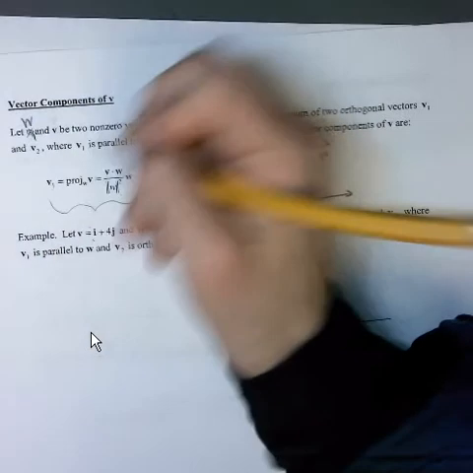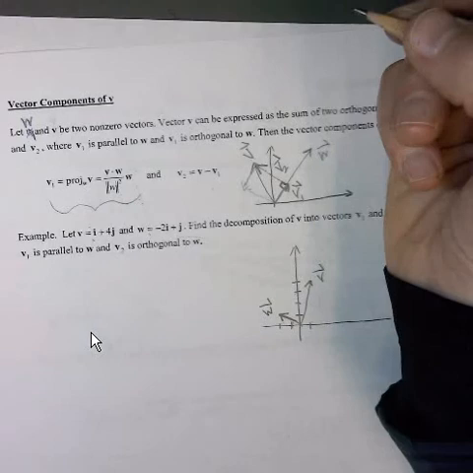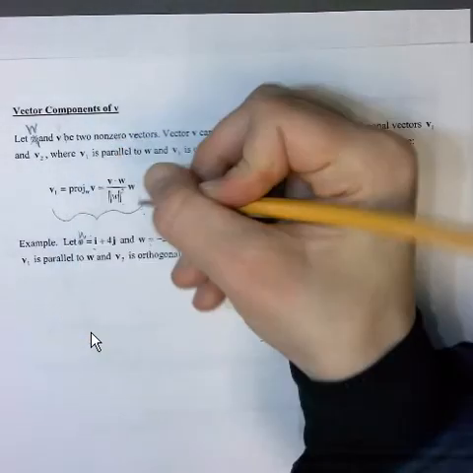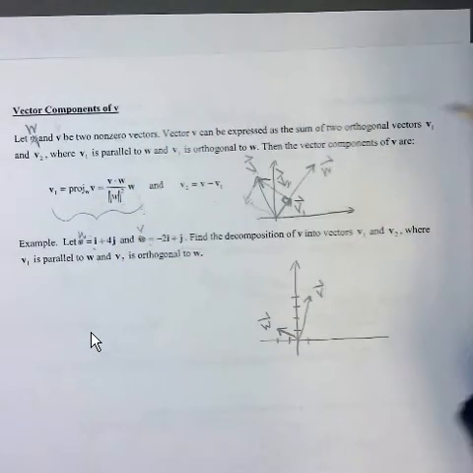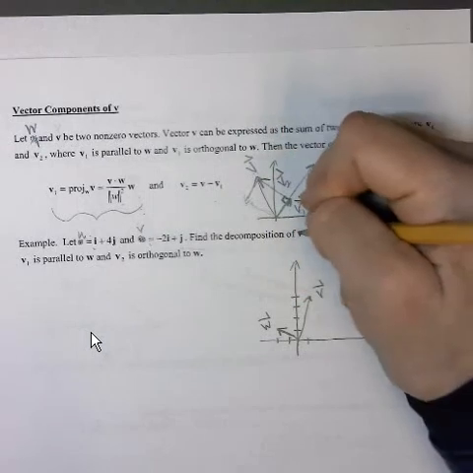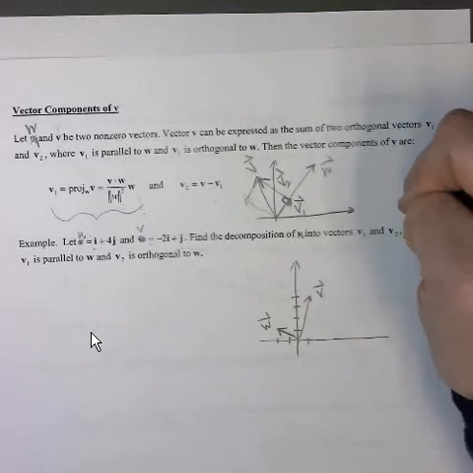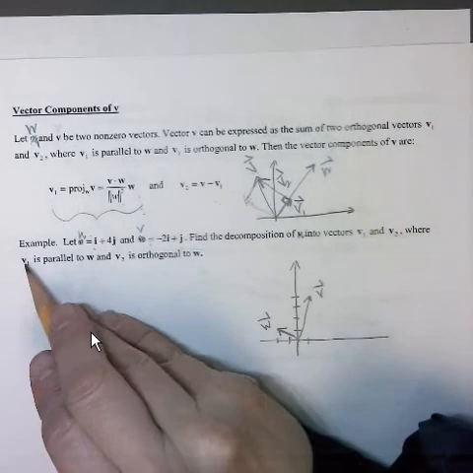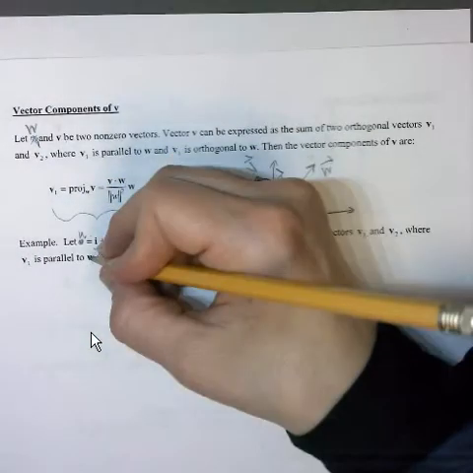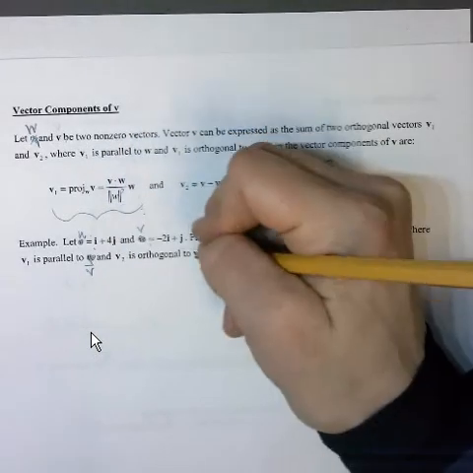So I called it U and V here. Yeah, I wish I would have left things alone. So let's leave this as u and this is v. Find the decomposition of vector u into vectors v1 and v2 where v1 is parallel to v and v2 is orthogonal to v.